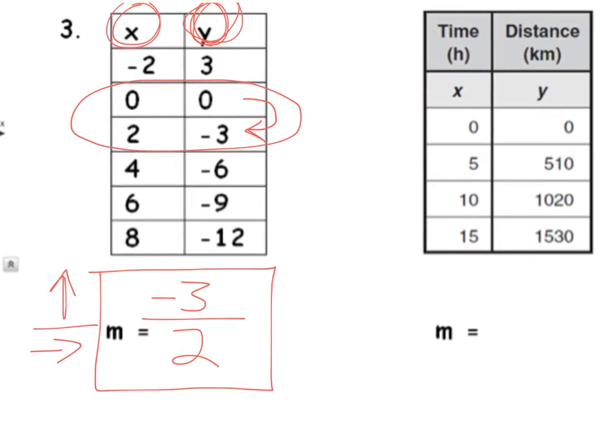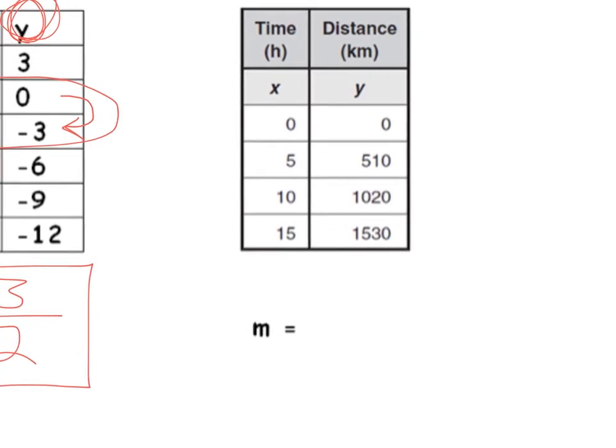This last problem actually has kilometers per hour. So we want to pick 2 points again, and we want to know how many kilometers up we are going and how long in hours it takes us.